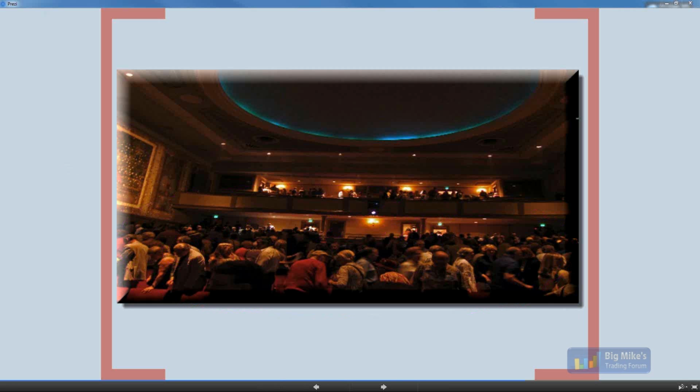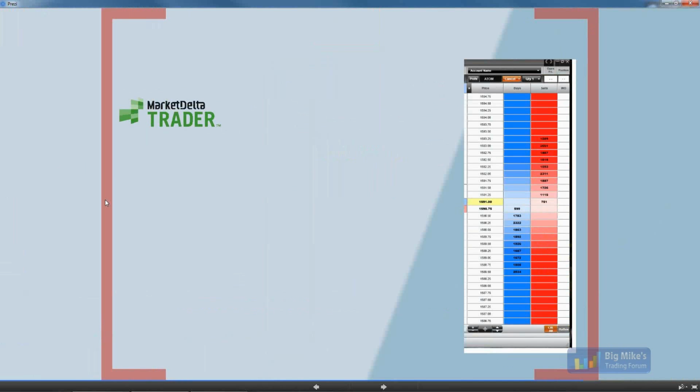Let's erase the drawings and go back to the slides. So let's take what we've talked about in a traditional DOM, which is the one you see on the right here, which is MarketDelta Trader. And again, I think this was actually a picture I took off of today's market action.